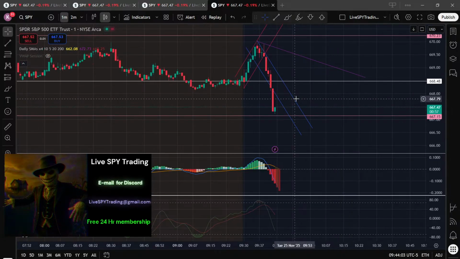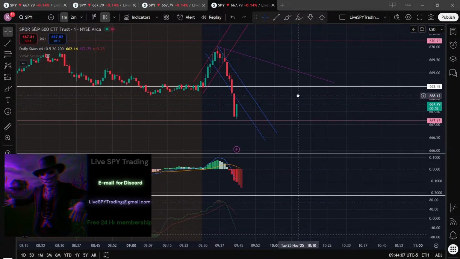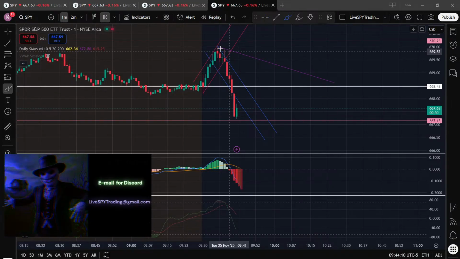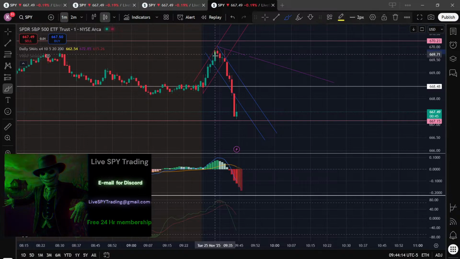Oh boy. Okay, bounce off key level. So now we want to see the continuation.